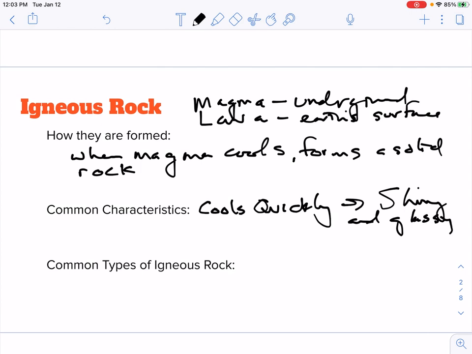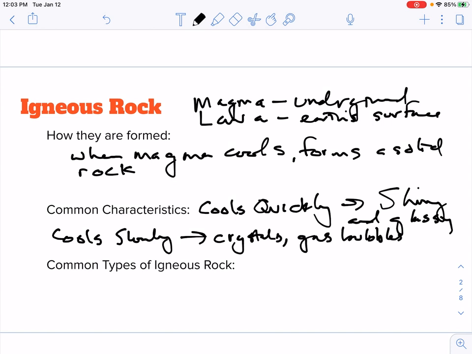And if it cools slowly, you can get crystals in it, or you can get gas bubbles in it, and it leaves holes in the rock. So we'll say leaves holes in the rock.